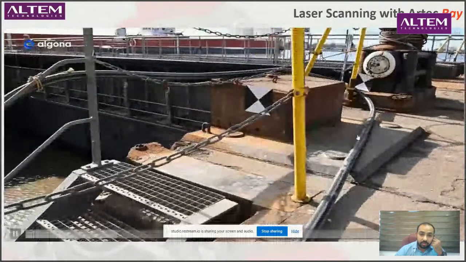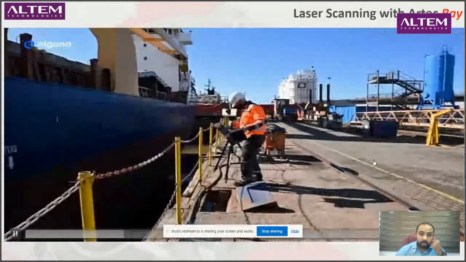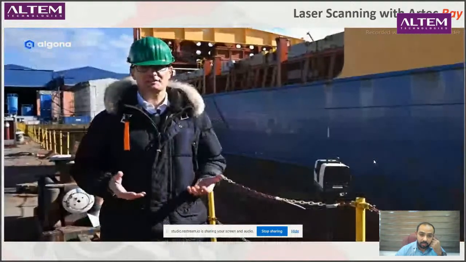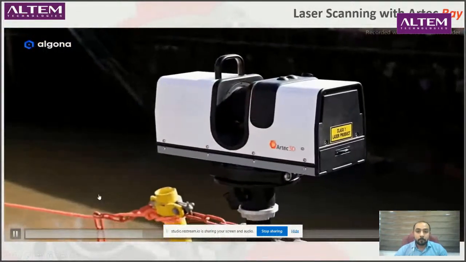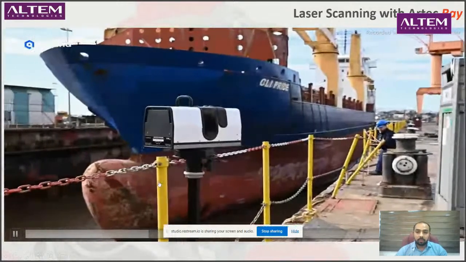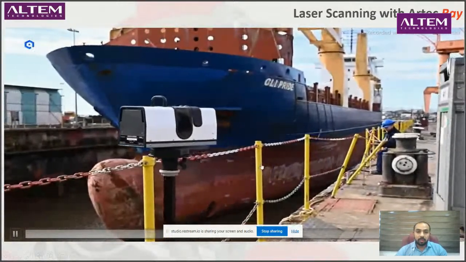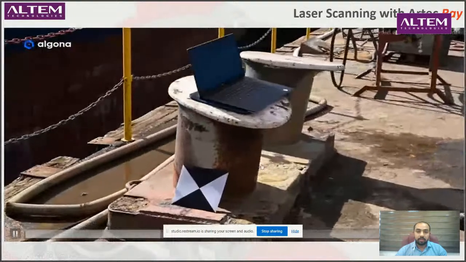In this video you can see the 2D marker that was shown earlier for reference purposes. You just give your command with the phone and the scanner will automatically rotate 360 degrees and capture the whole data.